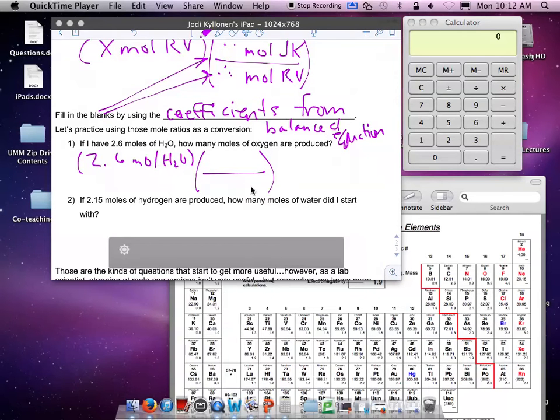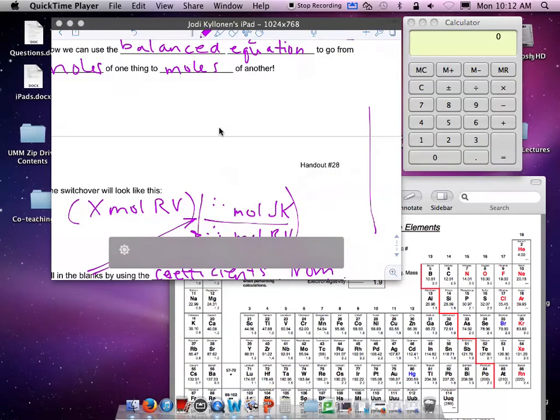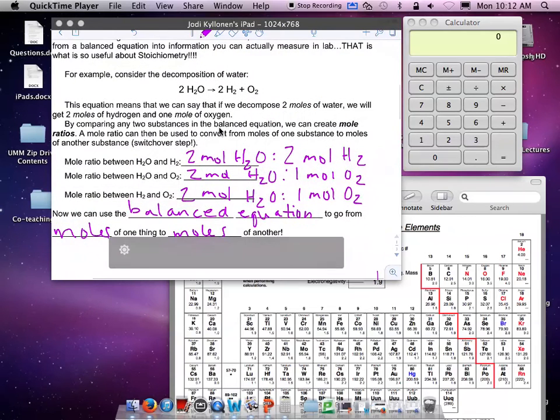So to fill this in, I'm going from moles of water to moles of oxygen. Moles of water has to cancel, so I'm going to put moles of water on the bottom. Moles of oxygen is what I'm switching to, so there's my switchover, and I fill in the blanks looking at that balanced equation. If I look back up here, I know that there is 1 that goes with oxygen and 2 that goes with water.